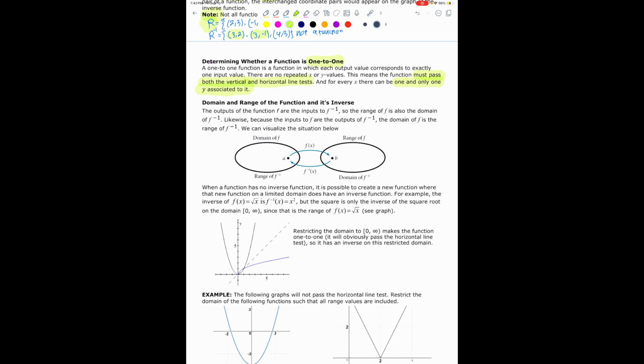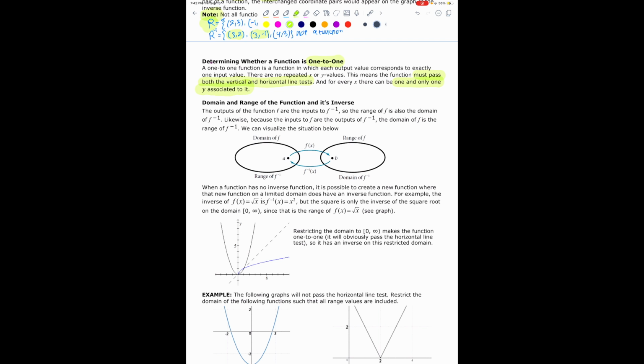Domain and range of the function and its inverse. The outputs of the function f are the inputs of the inverse function f. So the range of f is also the domain of f inverse.